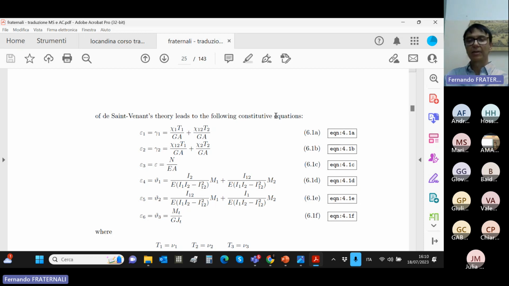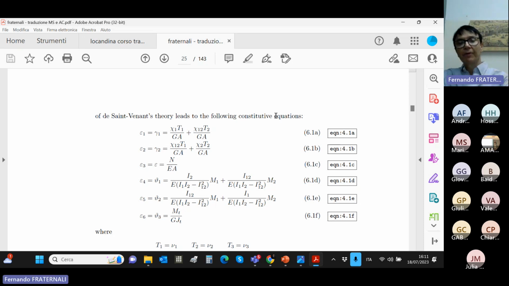In most cases, the principal axis of inertia coincides with the normal and the binormal. So I1,2 will be 0, and those equations will be the same as the classical equations of the straight beam.